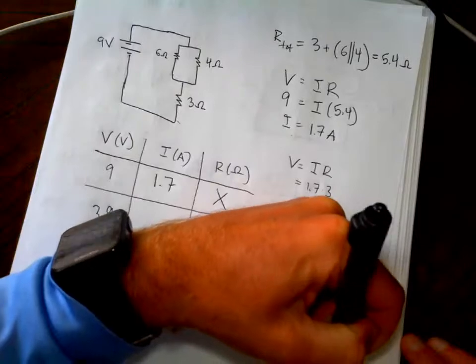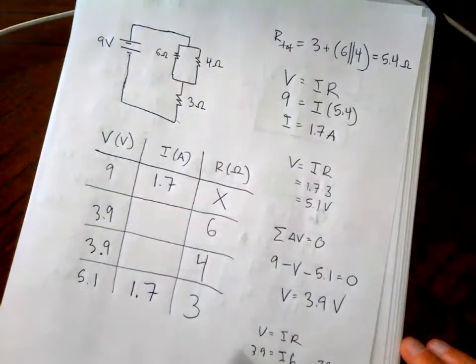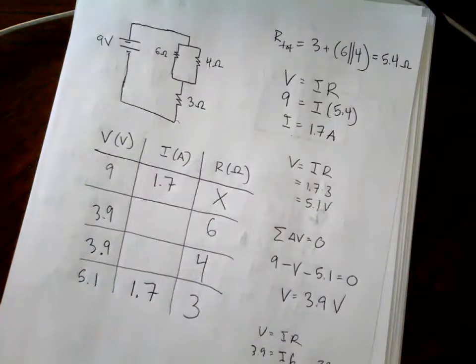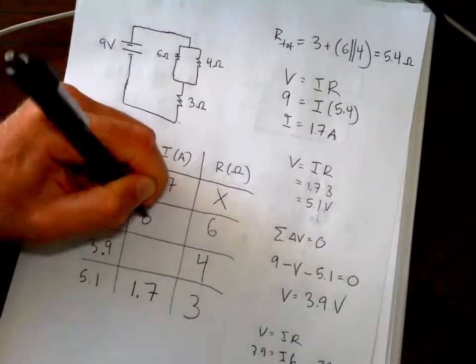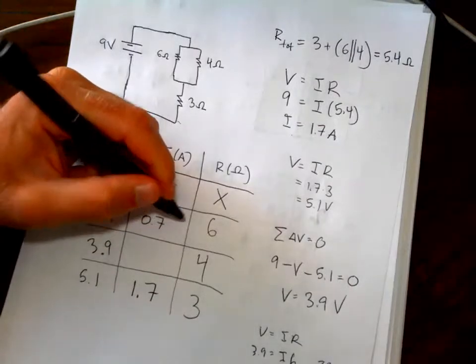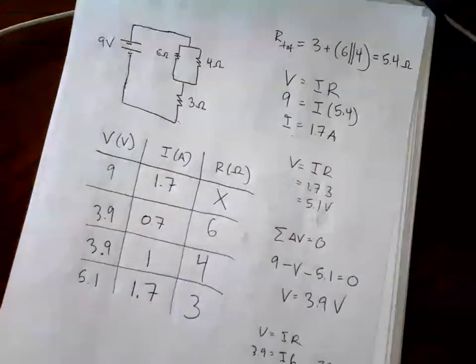And then 3.9 equals I times 4 will give us this current. So let me do the math on that really fast. This is 0.7 amps, and this is about 1 amp. Okay. I'm doing some rounding here.